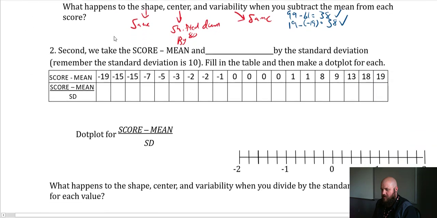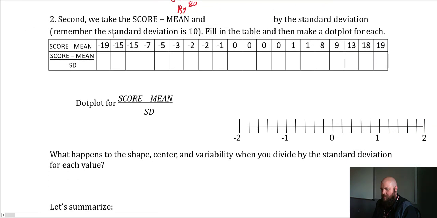So if we simply take this and we divide by the standard deviation. Standard deviation is 10, so we're taking those values we just got from subtracting the score minus mean and dividing by 10. So we're putting in the decimal here.